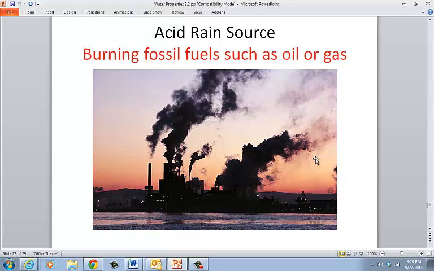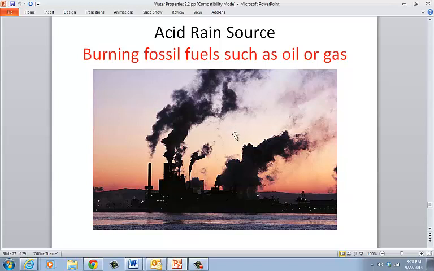And where that comes from is burning fossil fuels, such as oil and gas, that put sulfur oxide or nitrous oxide in the air. When this combines with water, it becomes acidic. Of course, both of those are found in fossil fuels such as oil, gas, or diesel fuel.